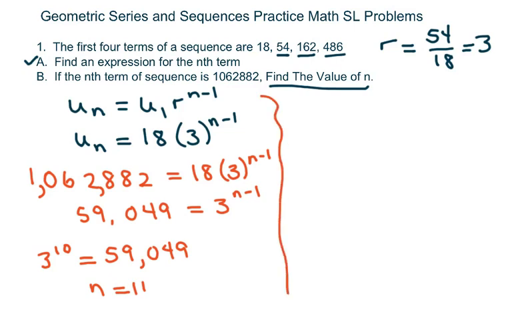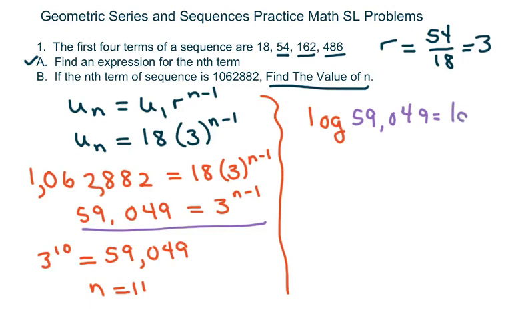The best way, though, is to take the log of both sides. I'm going to start with log of 59,049 equals log of 3 to the n minus 1.